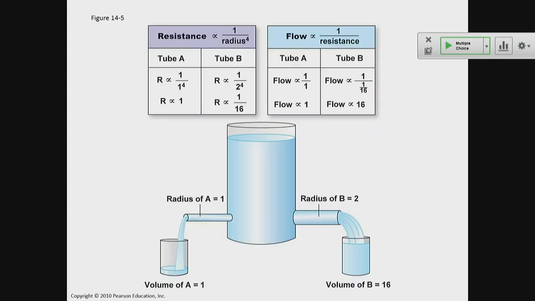Okay, and then we started talking about the key factor that contributes to resistance, which is the radius of the blood vessel. And I'm going to tell you a fairly complicated formula, but you really only need to know some key elements of it.